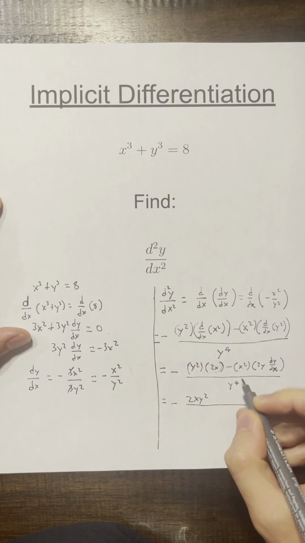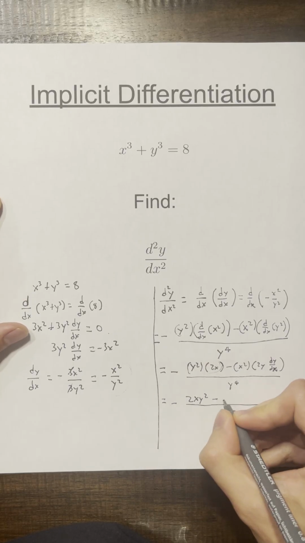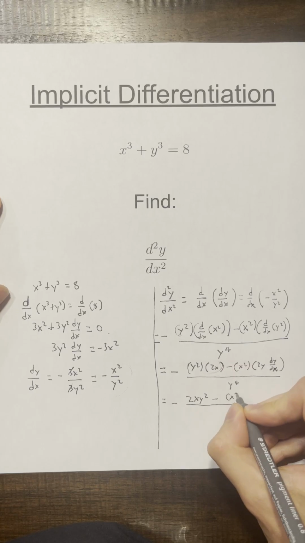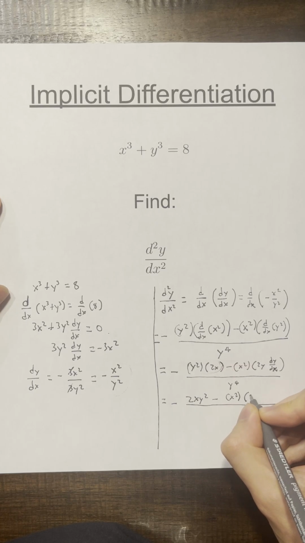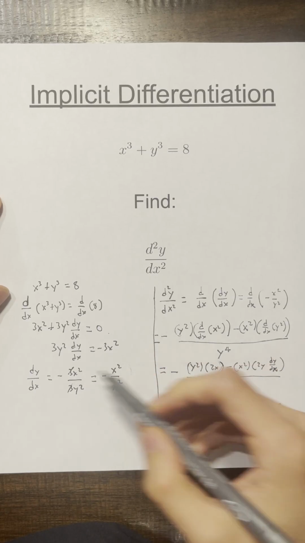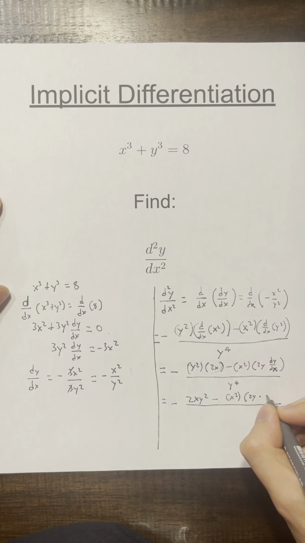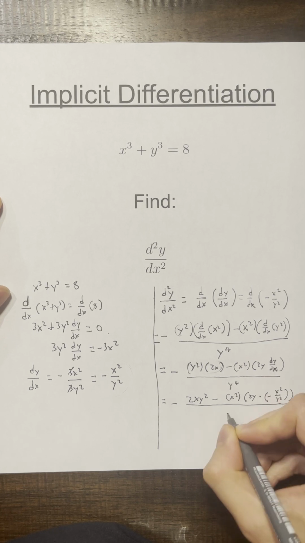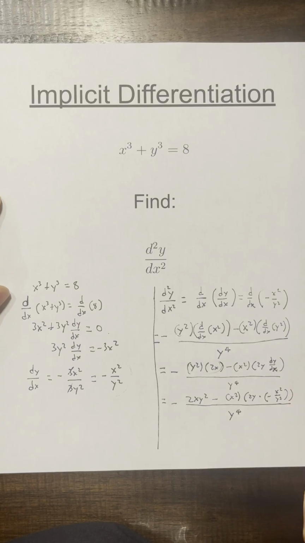And then this is going to be minus, here we'll leave this as it is for now, 2y, and then times negative x squared over y squared, all over y to the power of 4.